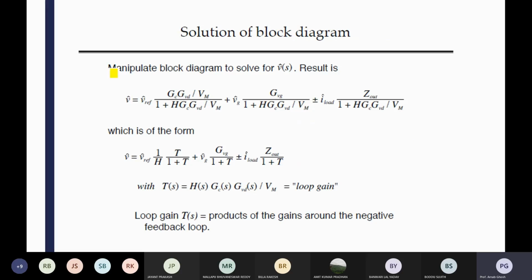Then we have the equations. When we take the multi-input block diagram and solve for V cap S, you have that expression, so now you can replace all those values.